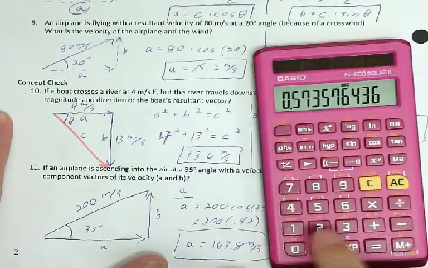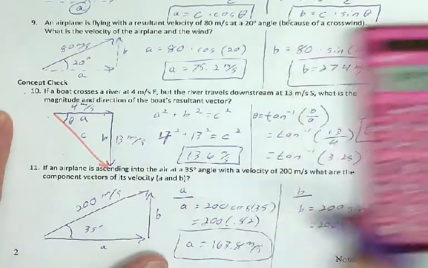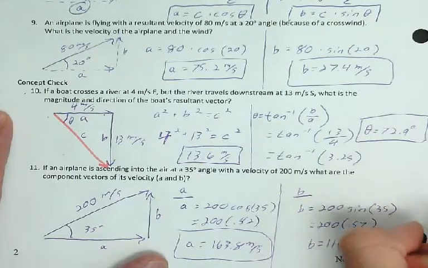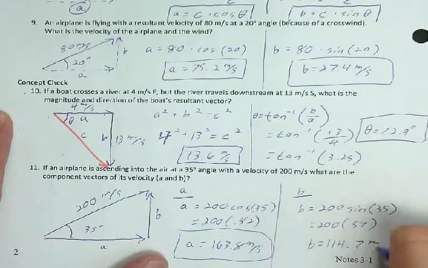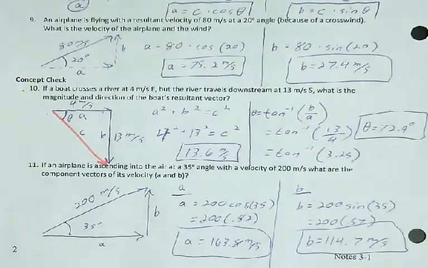Multiply by 200. 114.7. Okay? That's what you get for 11.